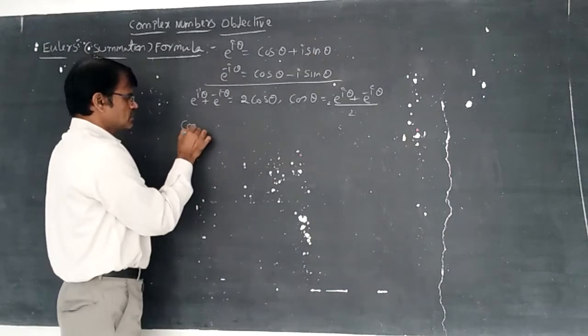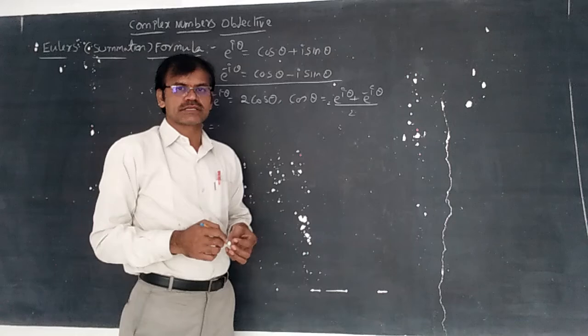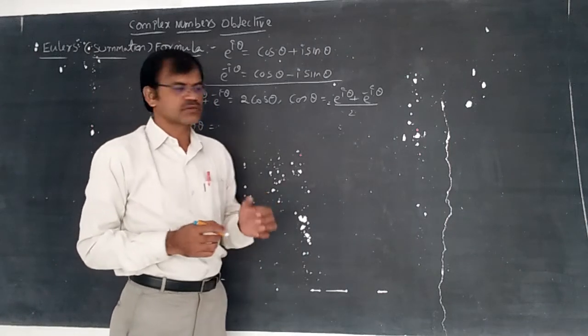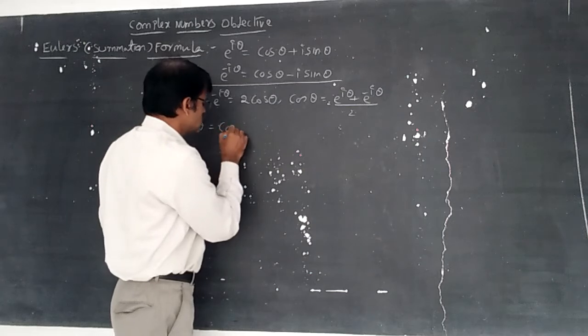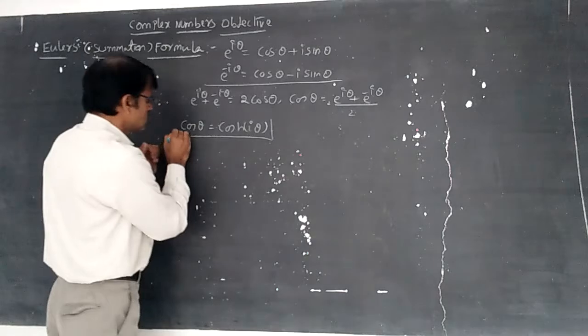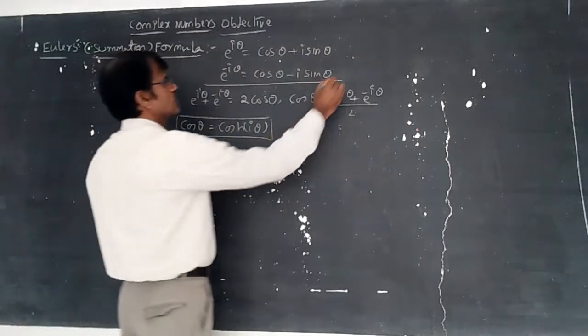Remember the formula, e power x plus e power minus x by 2 is equal to cos hx. So, here cos theta is equal to cos h of i theta. This is a formula that depends upon Euler's formula.